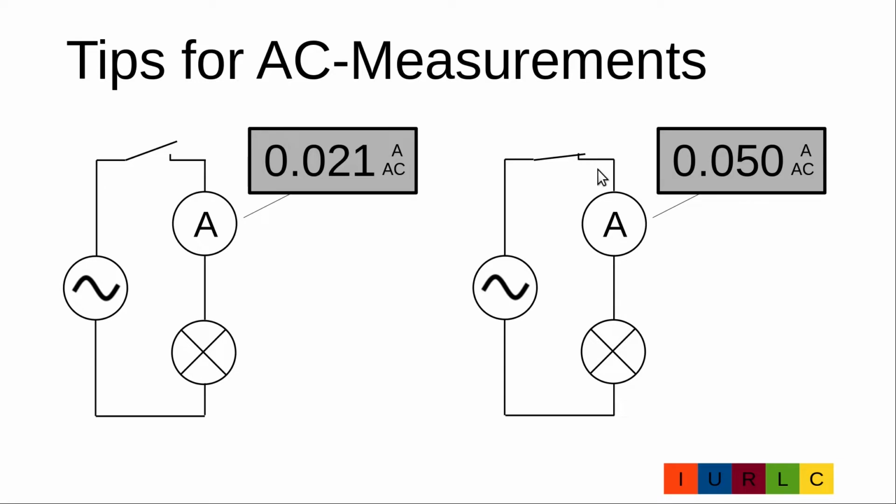When the switch was closed, the measurement device showed 50 milliamp. On my comment that there's something wrong with the setup when without power already 21 milliamp is measured, I got the answer: this is caused by the technology of the multimeter.